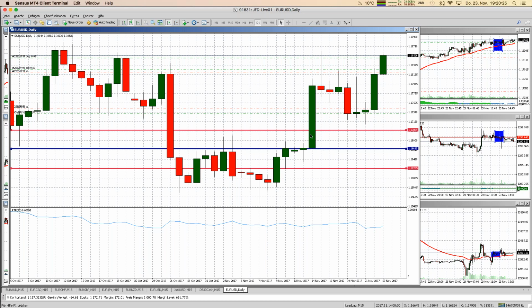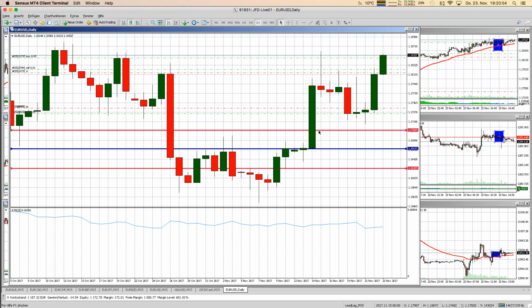Later the day, the buy stop order would have been triggered. So we are long in the market, and now it depends where we set the stop loss of that order, where's our take profit. In this case, more or less for sure, we would have a great trade.